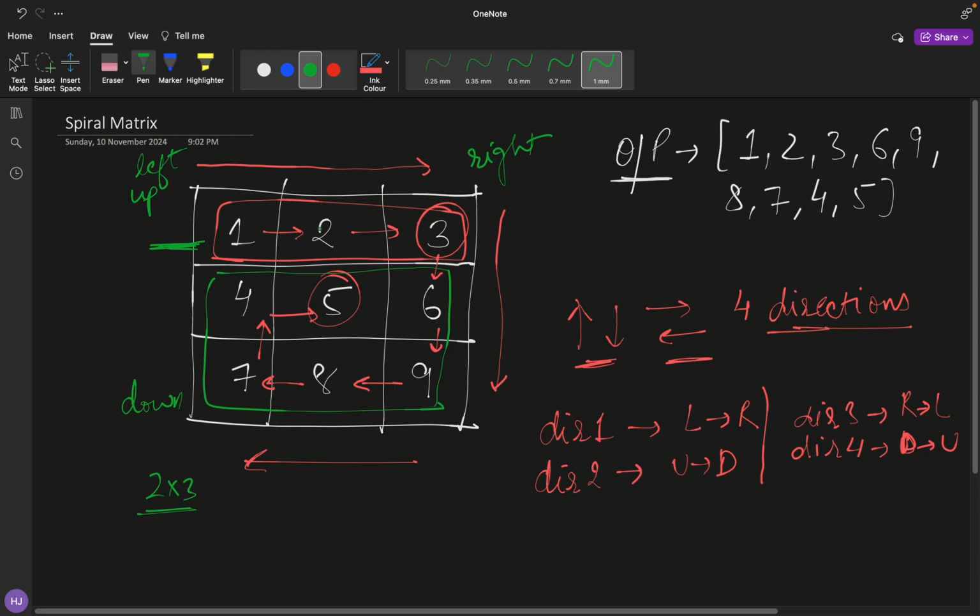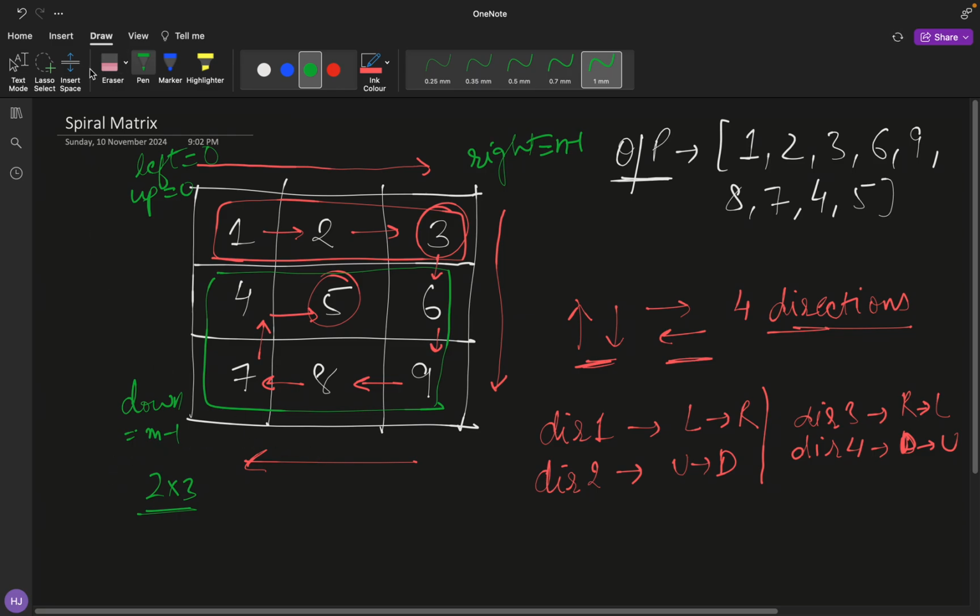Let me assume one more thing, that I start my left from the 0th index, up from the 0th index, right from the n minus 1th index, and down from the m minus 1th index, since it is an m cross n matrix.